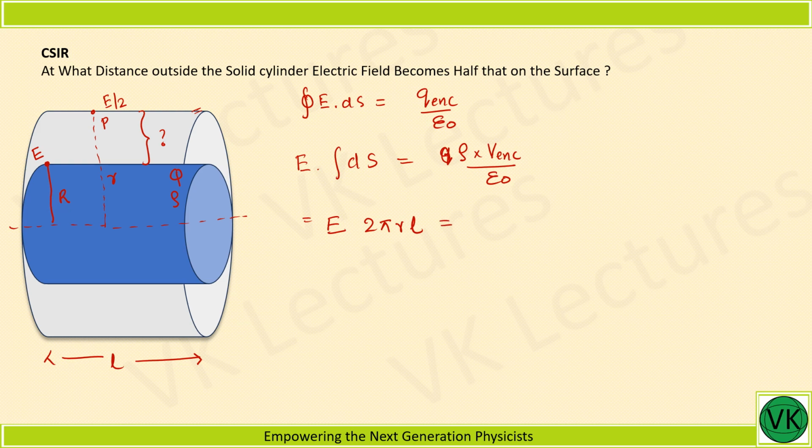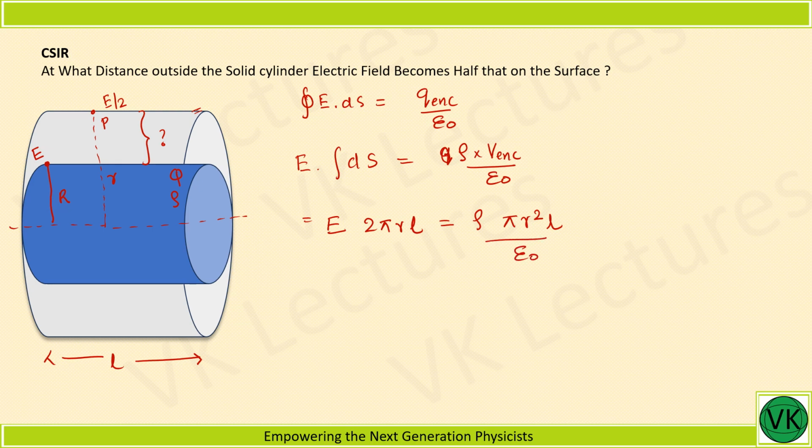So equal to rho times volume enclosed. Volume will be equal to pi r square L, divided by epsilon naught.